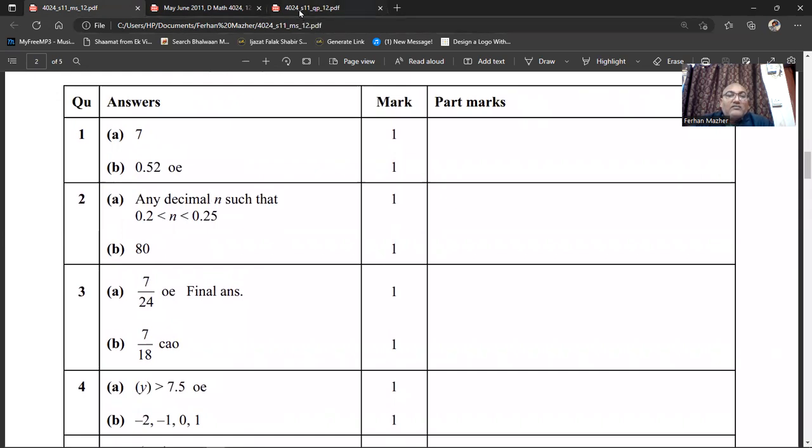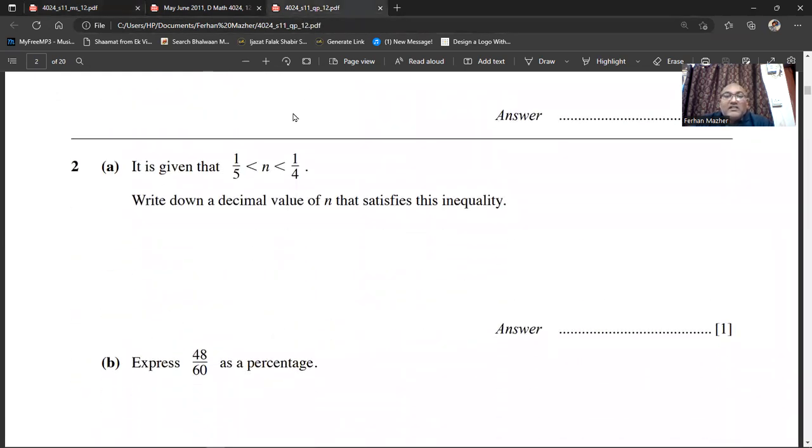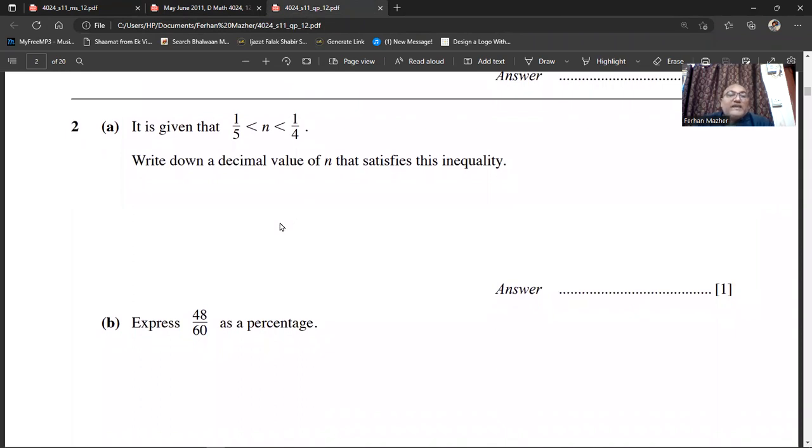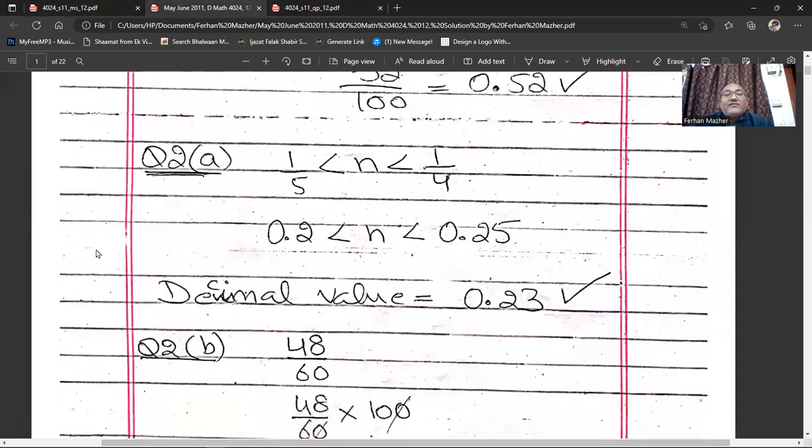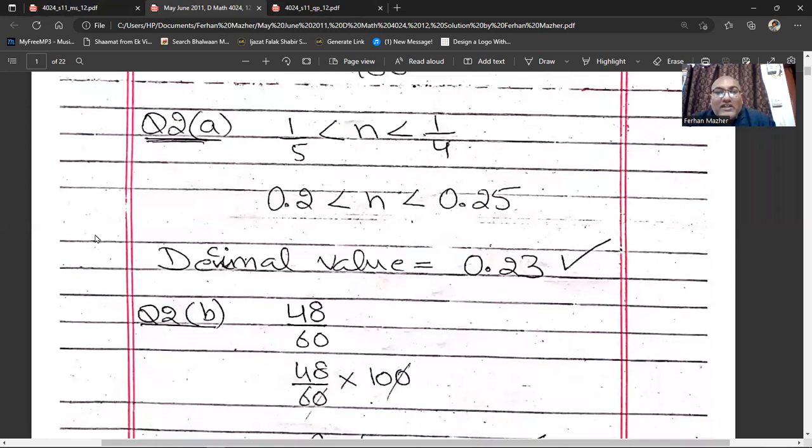Okay, now let's go to the next part. Next is question number 2, A part. It says it is given that 1 by 5 is less than n, and n is less than 1 by 4. Write down the decimal value of n that satisfies this inequality. So 1 by 5 means 0.2, and 1 by 4 means 0.25. So the value of n is more than 0.2 and less than 0.25.